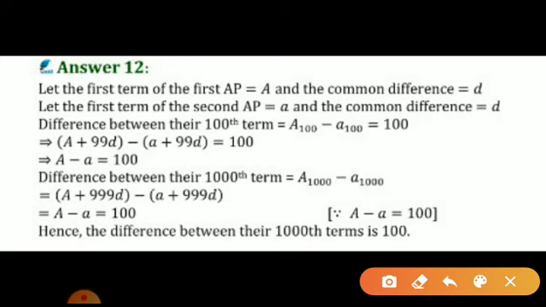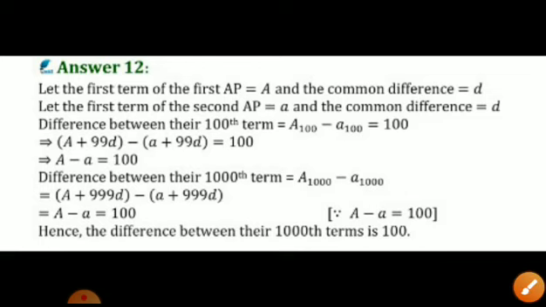Again that 999D will be cancelled, right? And you will get the other relation as capital A minus small a is equal to 100. Is that clear? Hence the difference between their 1000th terms is 100 itself.